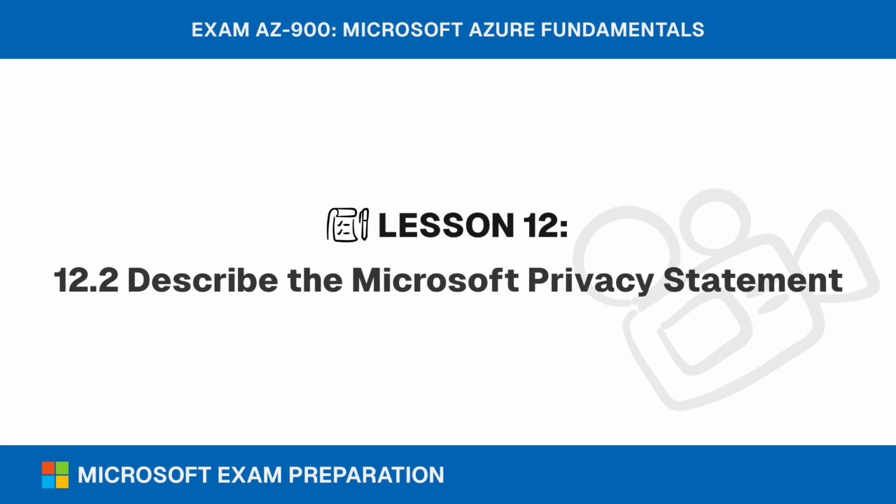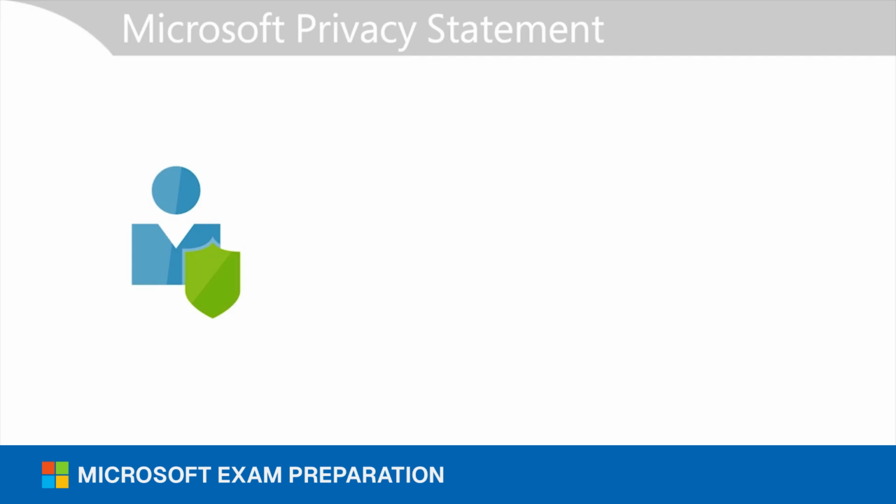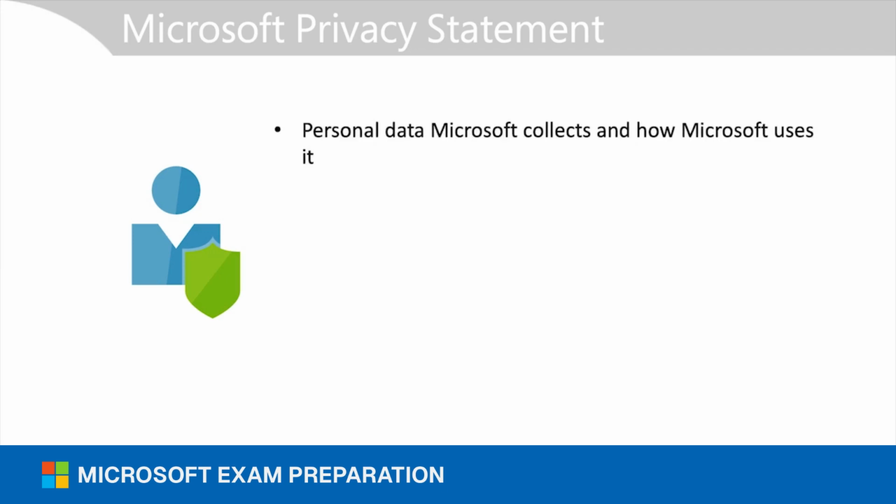Customer trust is one of Microsoft's core guiding principles, and keeping you informed about the information they collect and how they use it is also important. And that's why Microsoft publishes a privacy statement that provides you with the personal data that Microsoft collects and how they use it.